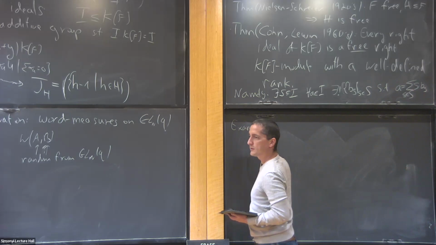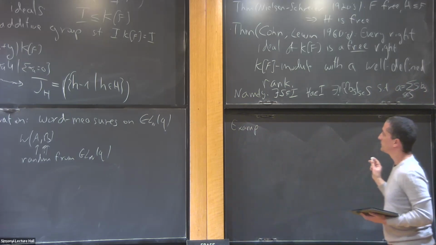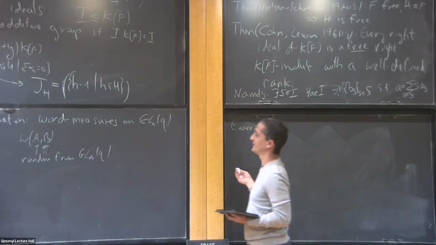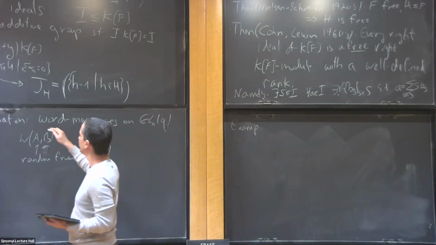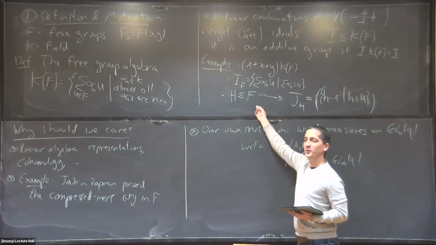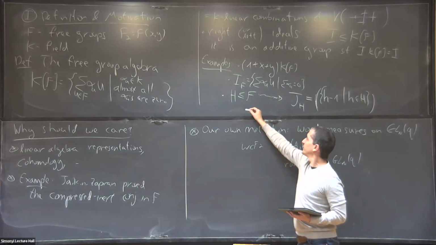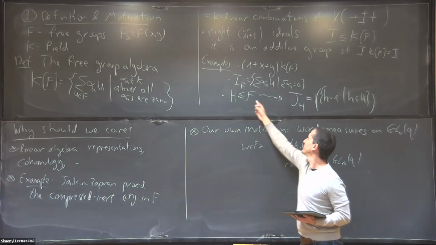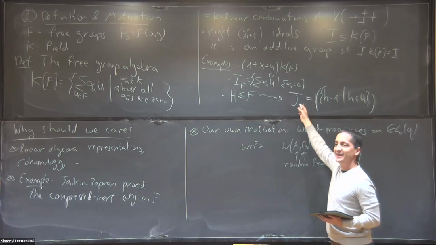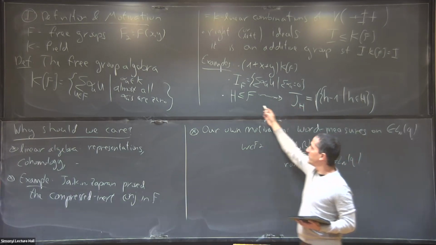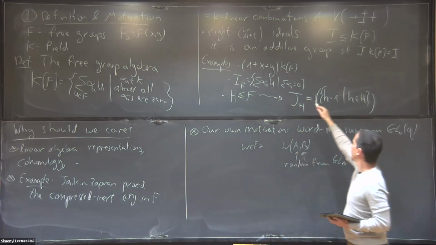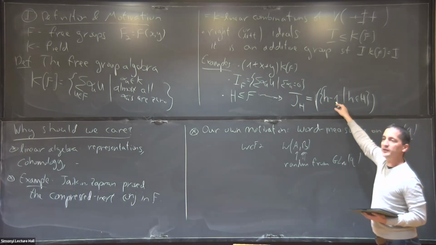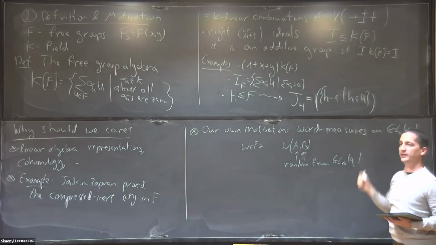Is the rank always finite? No, no. Exactly as in Nielsen-Schreier, you can use this to produce examples. For every subgroup of F, you can generate an ideal. In fact, if you take any basis of H, then going over the basis and taking each basis element minus 1 will give you a basis for the ideal.